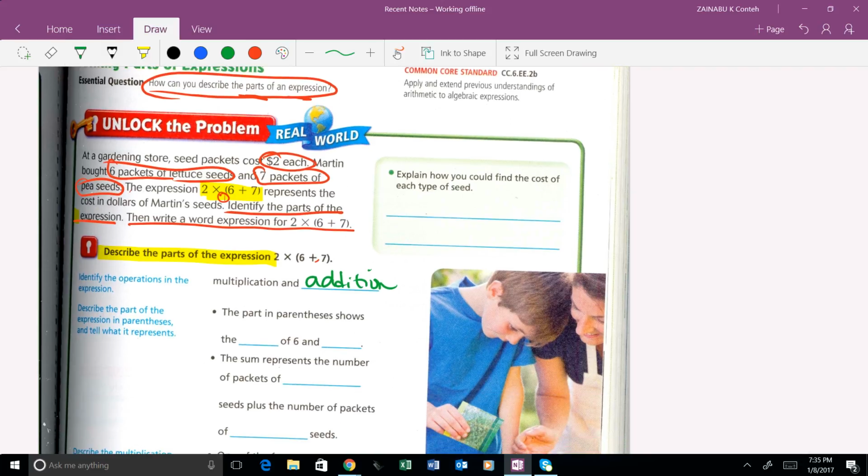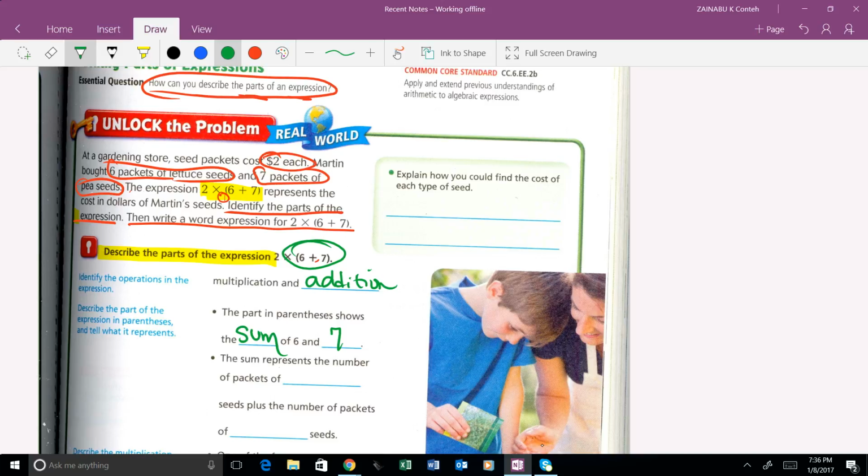Now, the part that's in the parentheses is this part right here, and that shows us that we're looking to find the sum of 6 and 7 combined. The parts of the expression that are in the parentheses are the sum of 6 and 7. And what does the sum of 6 and 7 represent?